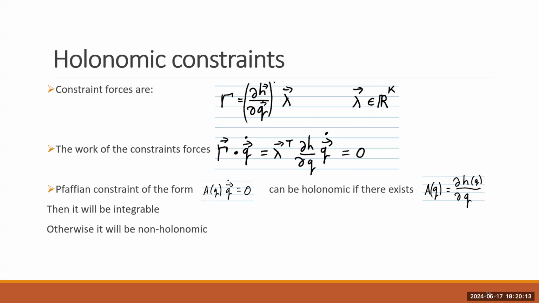So A of q is simply dh/dq. And therefore, we can write this as lambda transpose A q dot equals 0.